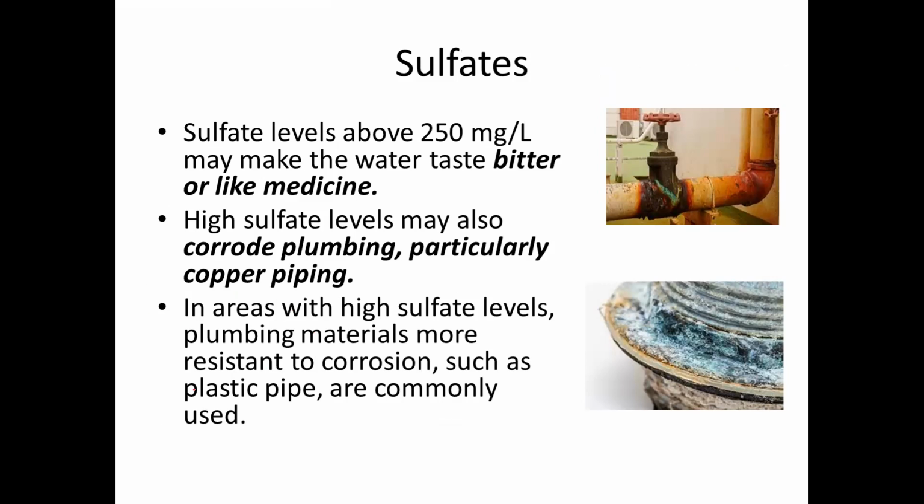The sulfate reacts with the copper. If we use copper as our tubes or pipes, you can see a greenish blue color. Actually, it's also a form of corrosion, but this time the color is different because the element being corroded is not iron, but copper.